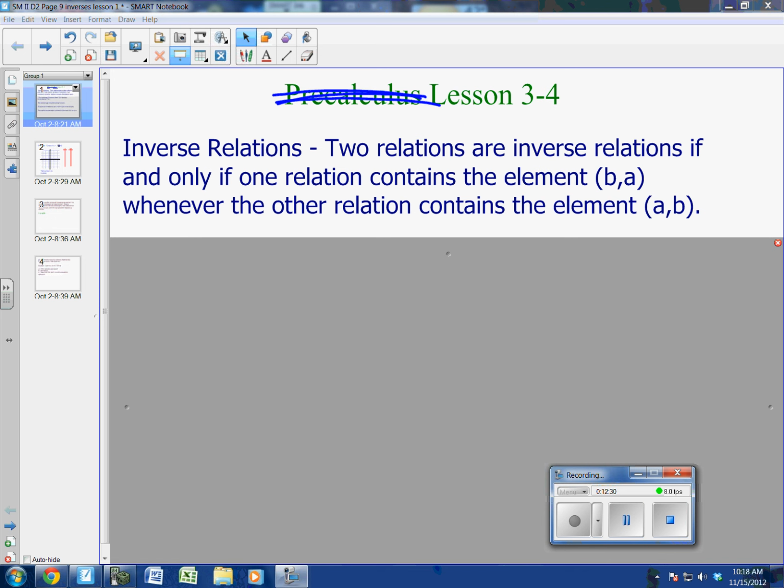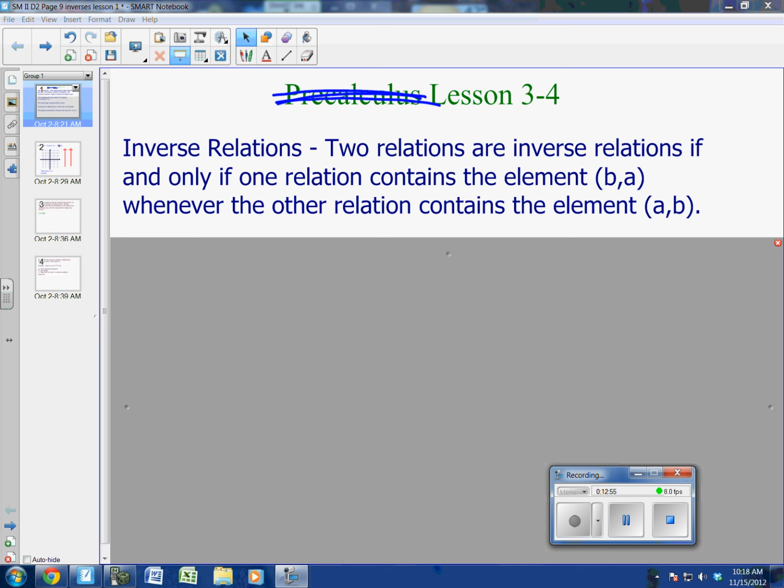I'm not so worried about the second part of that until we get to it. Okay? You've got to learn the first part to understand what the second part is saying. Now, this right here on the smartboard is the definition of inverse relations. Remember you guys learned about relations and functions? A relation is just a graph or an equation, okay?